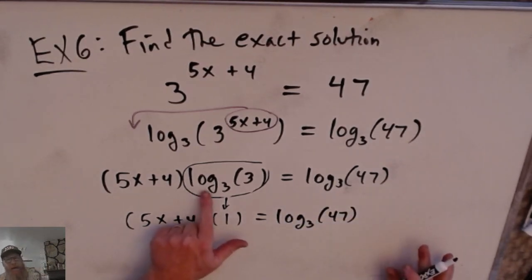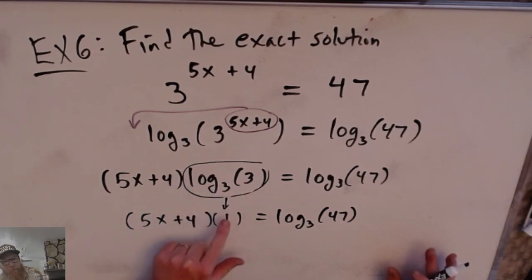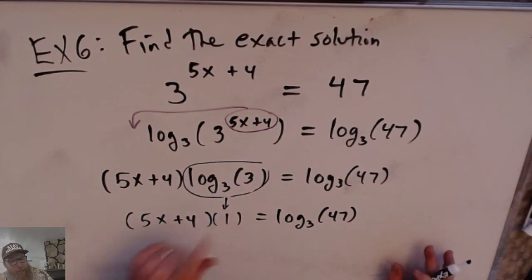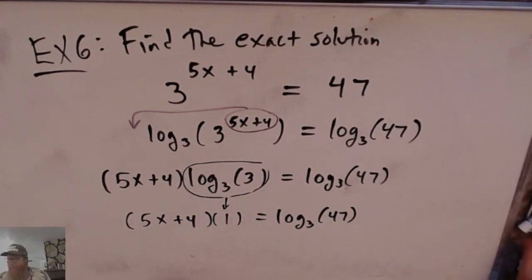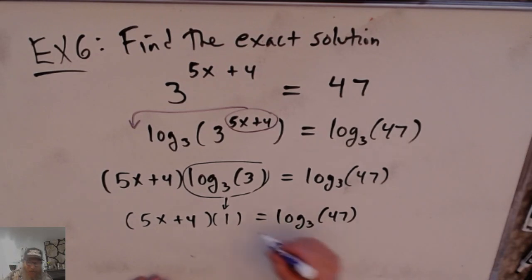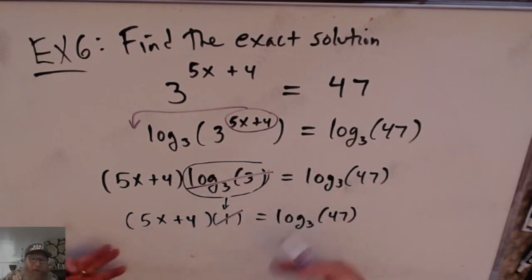Again, you could read that out to yourself. What power of 3 is equal to 3? Well, 1. 3 to the 1 power is equal to 3. In hindsight, you can just do this now. You can just cross these guys off. When something becomes 1, we often call that canceling because it becomes 1.